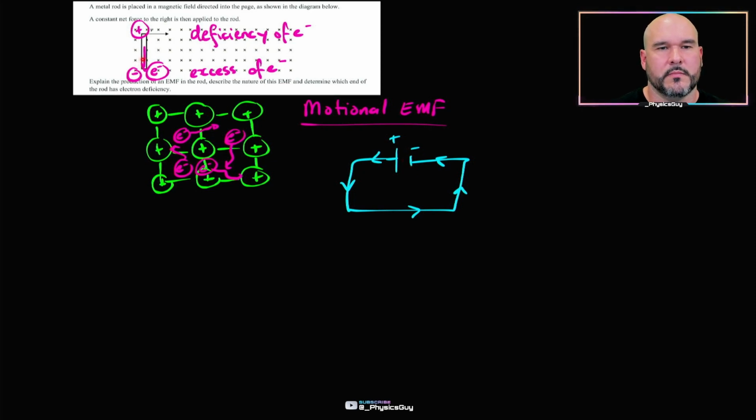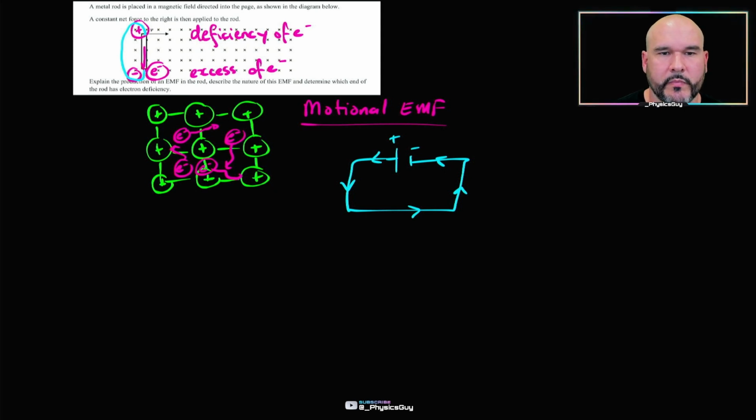If I then connect an external circuit, a little loop of wire from the top of the rod to the bottom of the rod, the electrons come out of the negative and flow towards the positive, because that's the external circuit. It's the same thing as this. Whereas the conventional current would flow out of the top, out of the positive, into the negative.